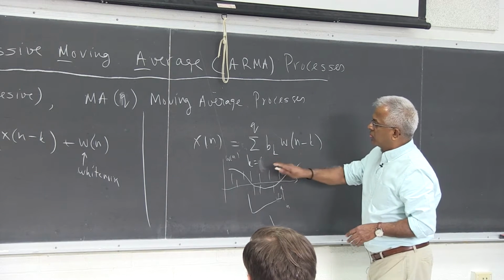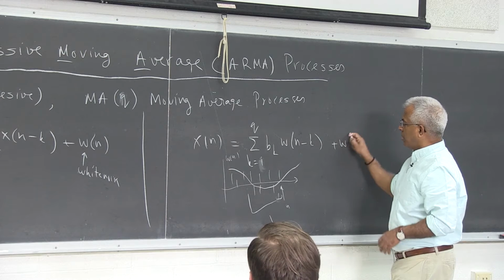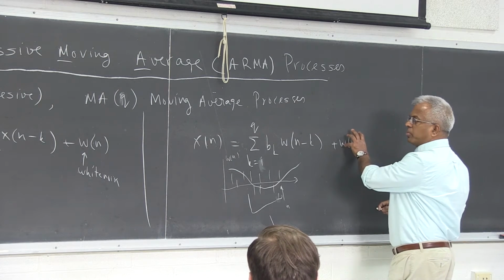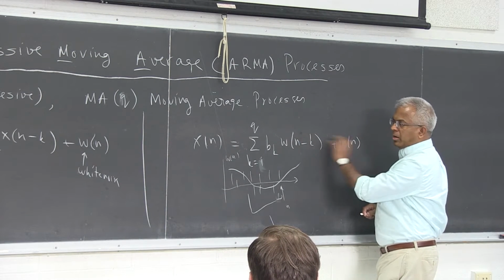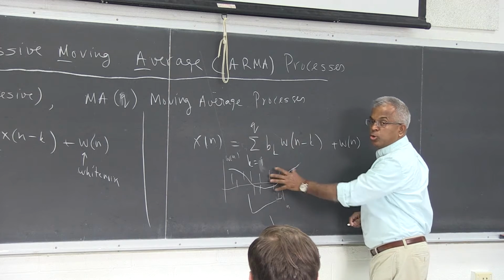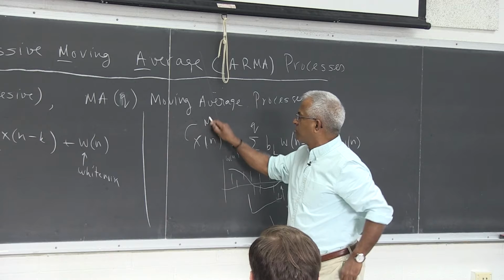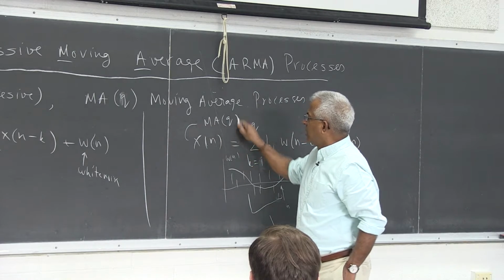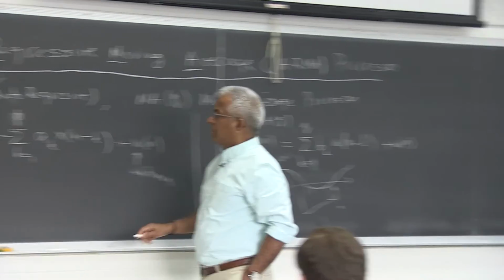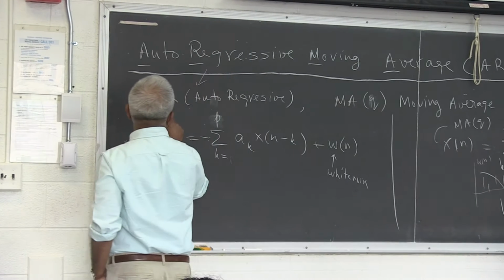So if you want, you can write it as the current value plus Q previous values. The notation is, you generally say this process is an MA(Q) process, and this process is an AR(P) process.